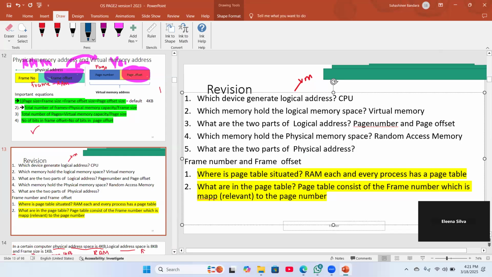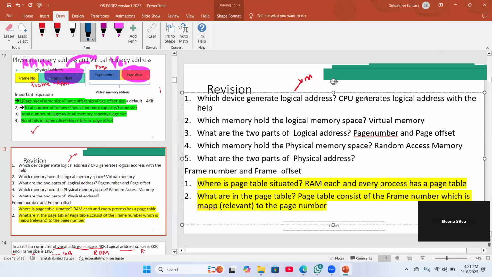So the device is the CPU, which generates the address with the help of the operating system. The operating system must be there.